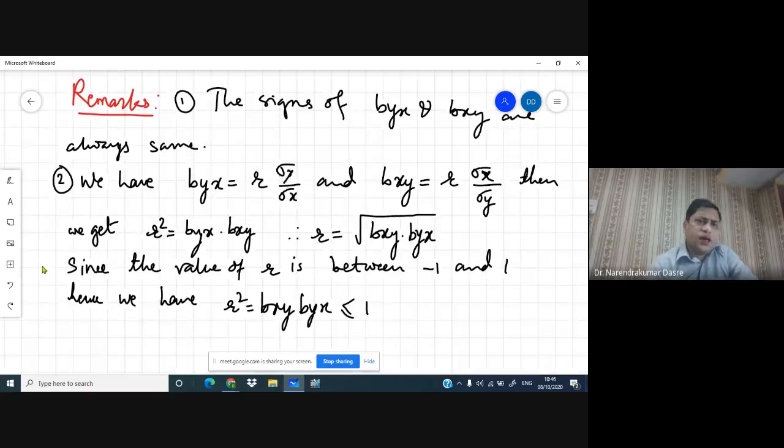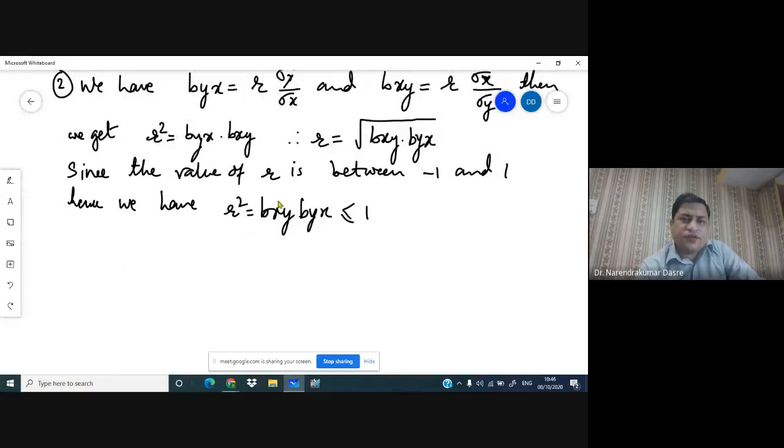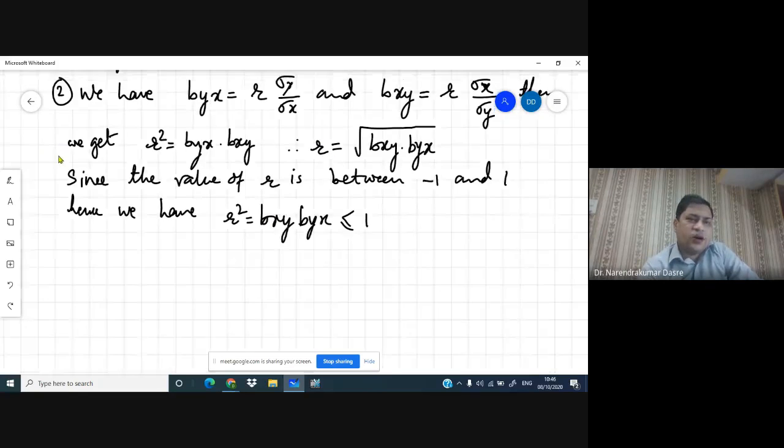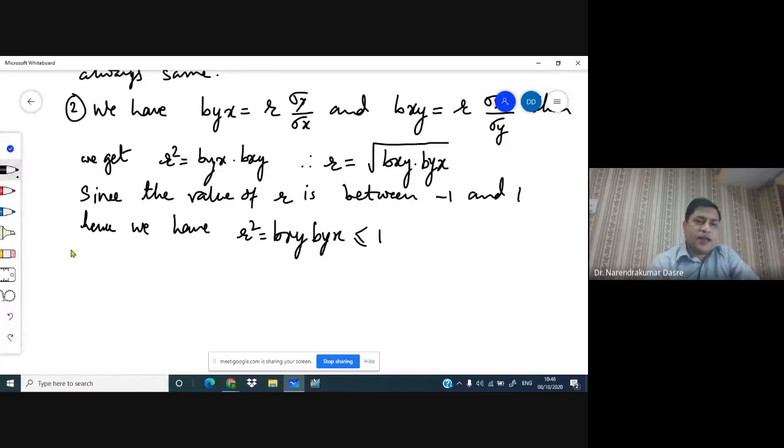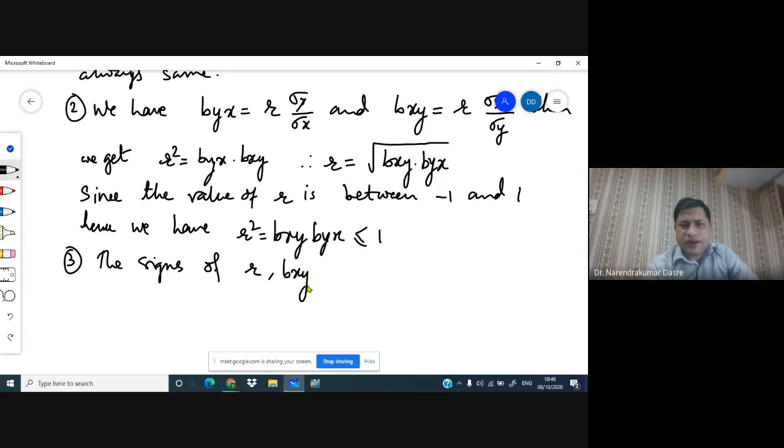Now the sign of bxy and byx will decide the sign of r. Why? Because byx is r times this quantity, but this quantity is always positive. So whatever the sign of this term is will be the sign of r, and hence the signs of r, bxy, and byx are always same.